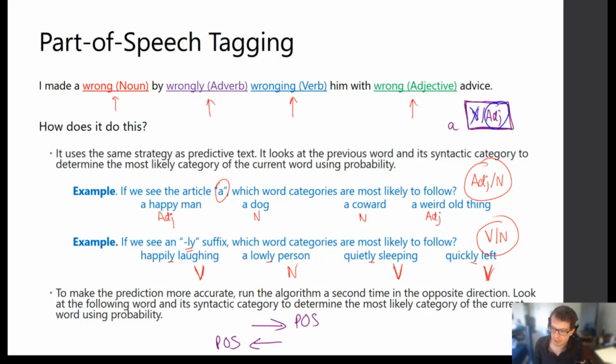Now, it's going to make mistakes, and that's where people can come in and verify and alter the rules and the statistics and say, hey, you got it wrong. We need to go in and fix some things, or say, if you encounter this, don't assign it that, or manually edit the probability so it doesn't happen as often. But these are some strategies that computers can use to tag parts of speech for specific words.